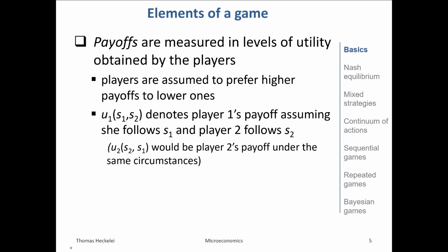Now, because the payoff is about utility, it is denoted as U, with the index 1 for player 1, for example, when he or she plays the strategy s1, and when the other player, the second player, let's say we have 2 players in this game, plays the strategy s2.